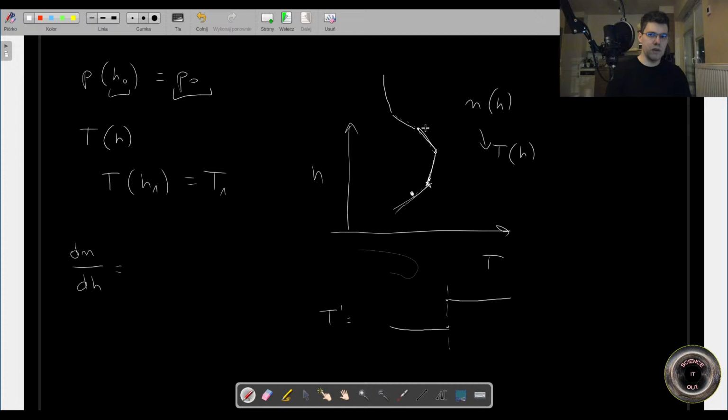Let's say we are interested in the temperature at this height, so we need to check which interval this falls into, and from the temperature here and the gradient here, we can calculate the temperature at the switch over to a different gradient. Then we can use this gradient to calculate the temperature here, and then this gradient to go from here to here.